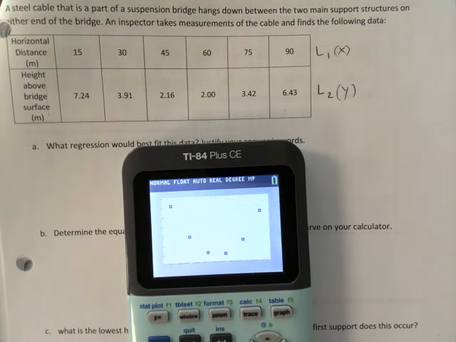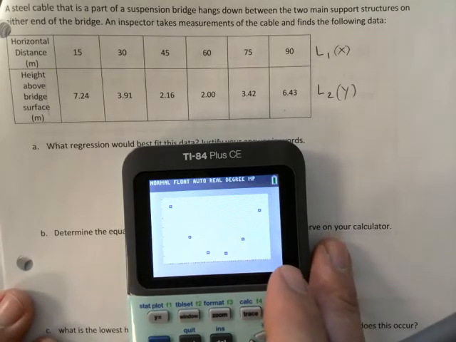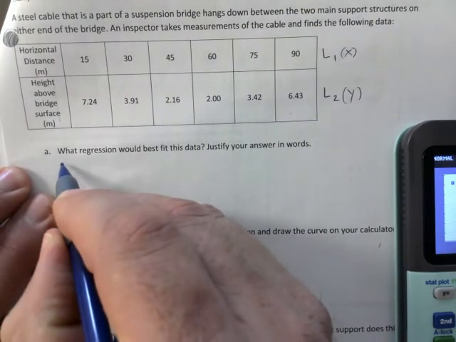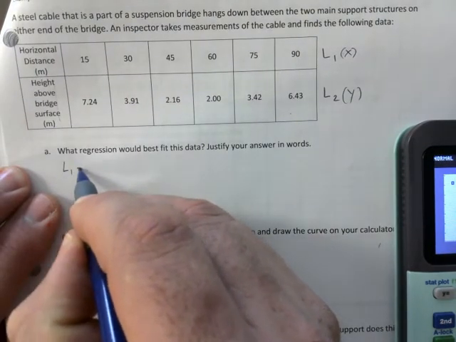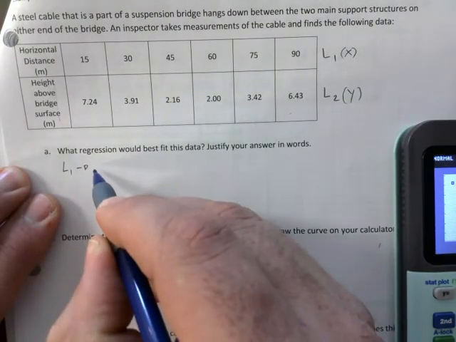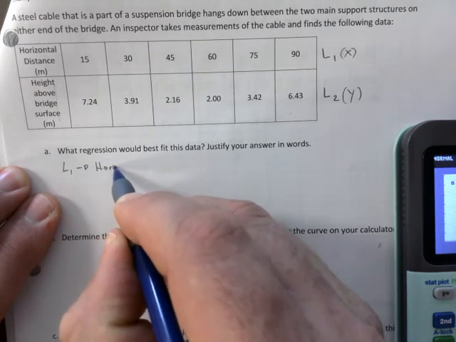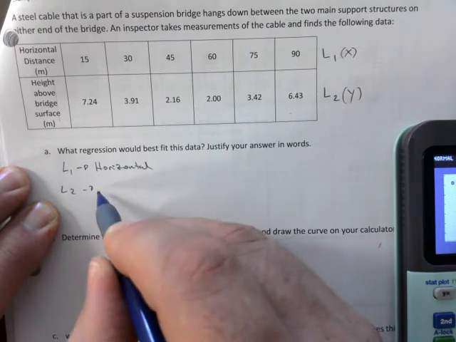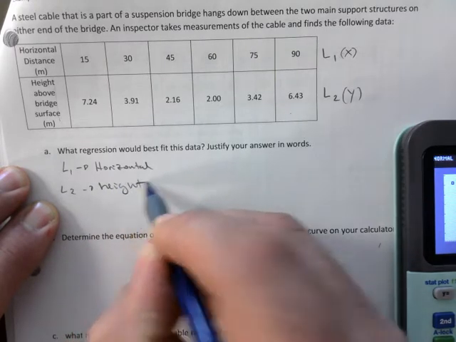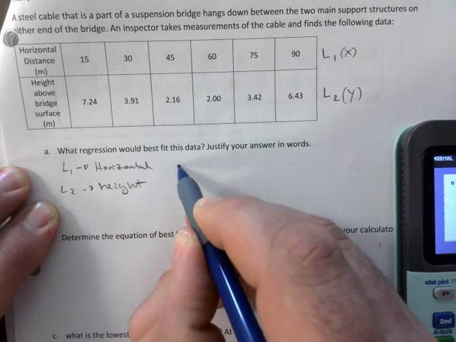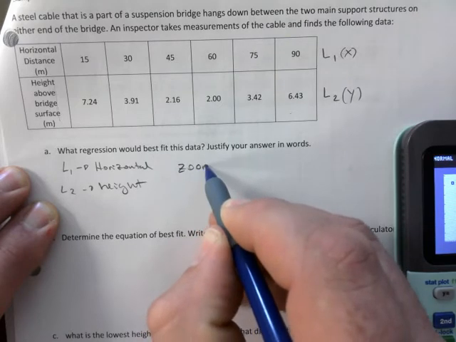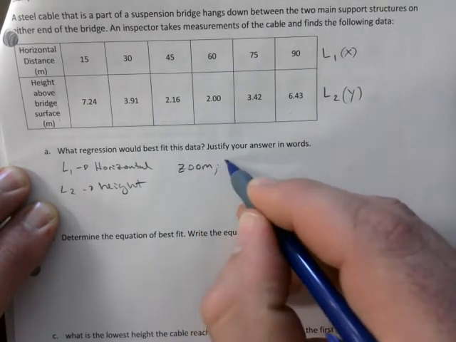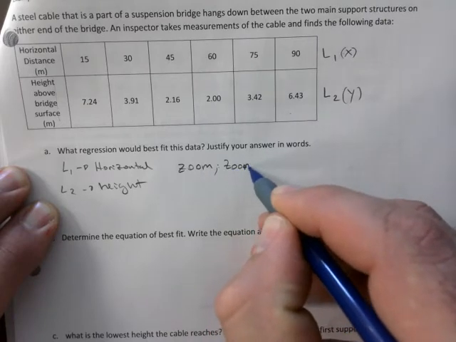So for the scatter plot, L1 is the horizontal, and L2 is the height. Okay, so we go zoom 9, and then stat plot.